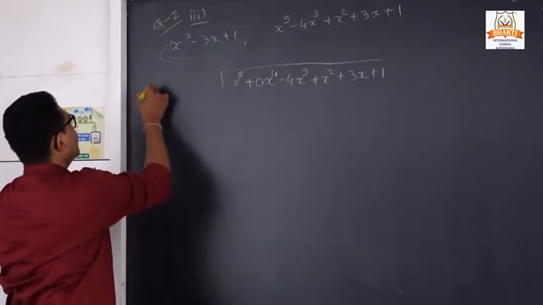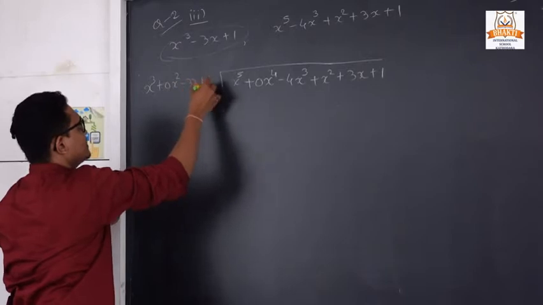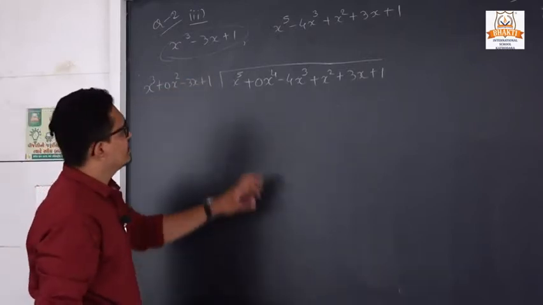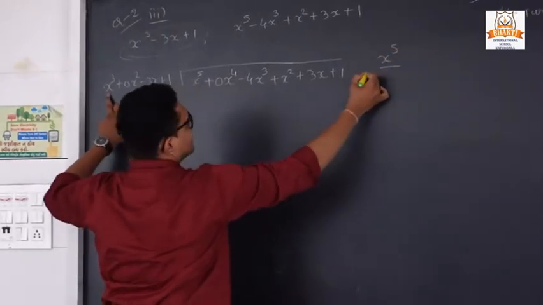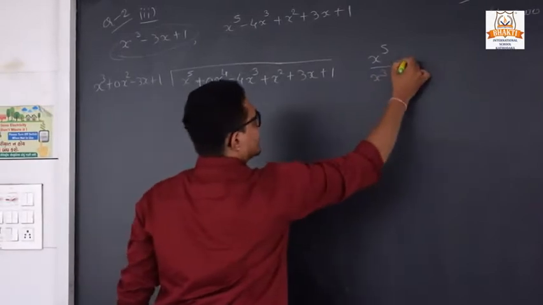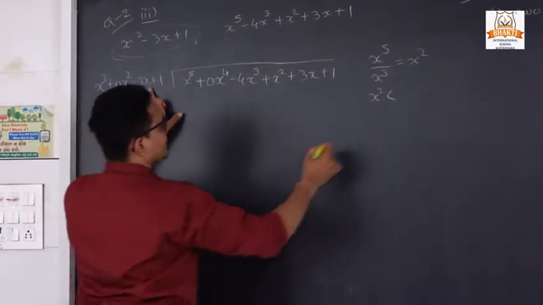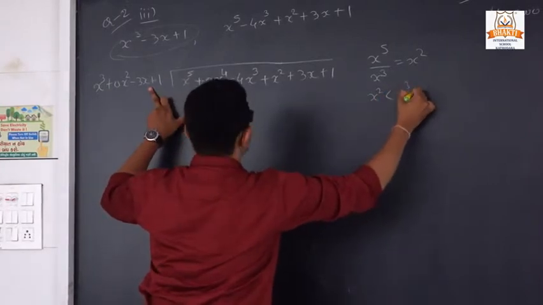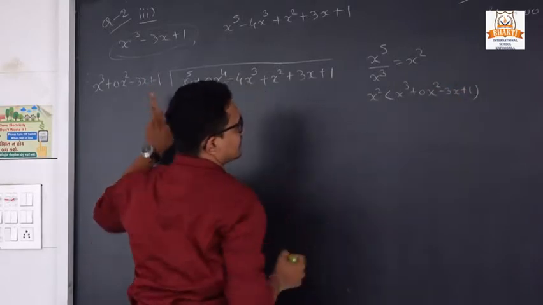So we can add x cube plus 0x square minus 3x plus 1. Now we check x raised to 5 is divided with x raised to cube, so here we can get x square. Now x square is multiplied with all of x cube, 0x square, minus 3x plus 1.